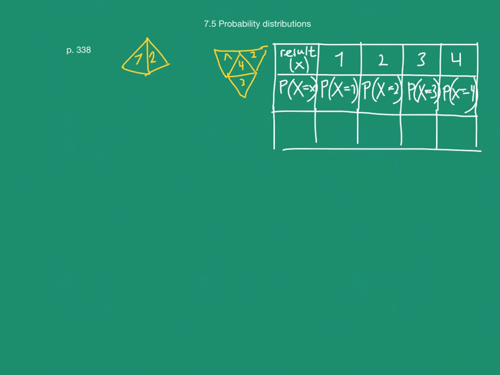And we know that the total probability has to be 1. So the probability of 1 is 1 in 4, or 0.25. And 0.25 to get a 2, and 0.25 to get a 3, and 0.25 to get a 4.